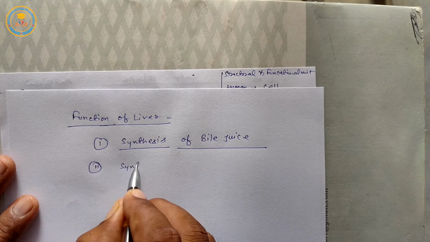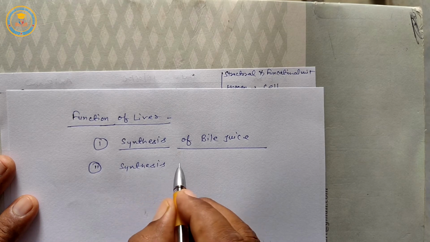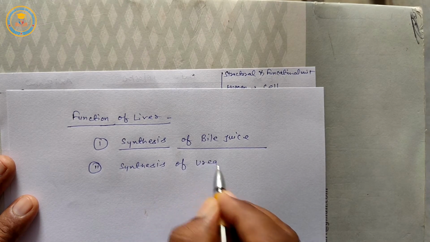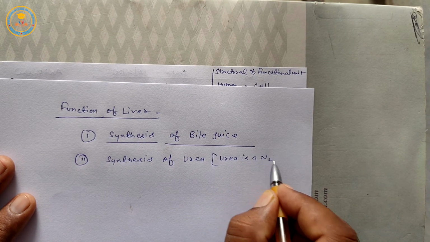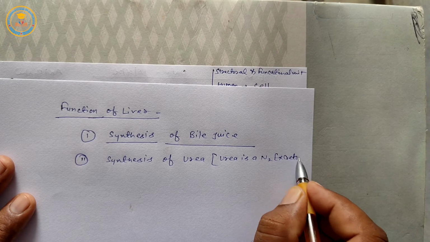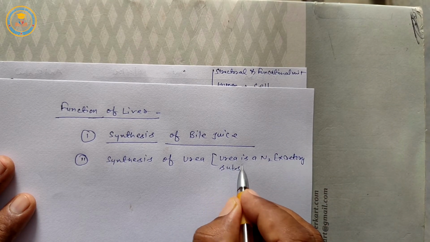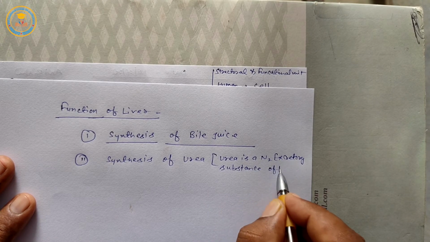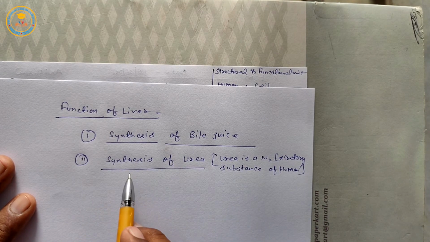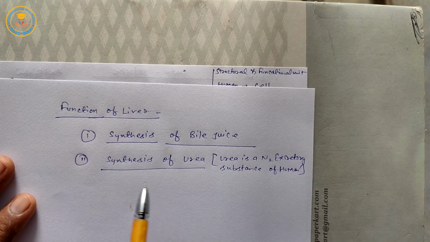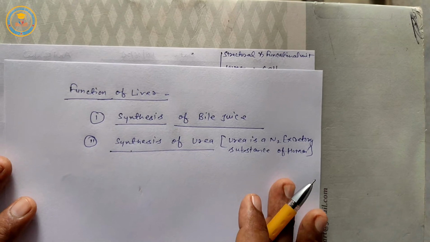Second is synthesis of urea. Students, urea is a nitrogen excretory substance of humans. We studied this function, synthesis of urea, in the excretory system in this chapter.